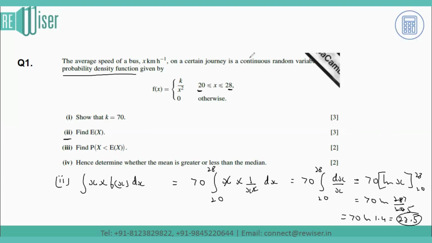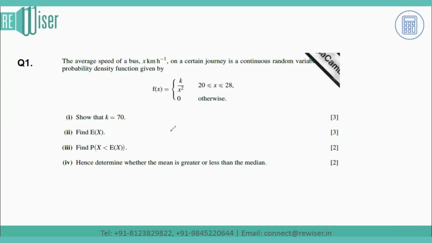Now, moving on to the third part of the question, it says find the probability of X less than E(X). So the probability of a random variable X less than the expected value. In the last question, we calculated the expected value as 23.5.